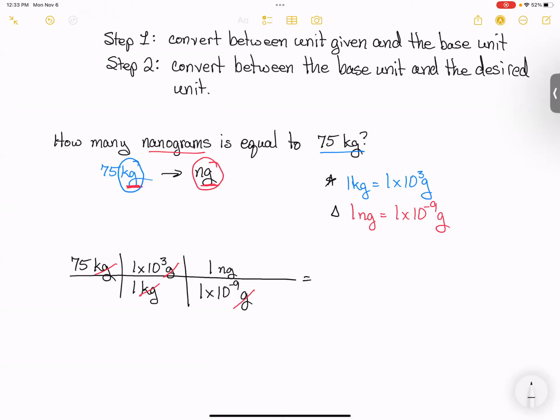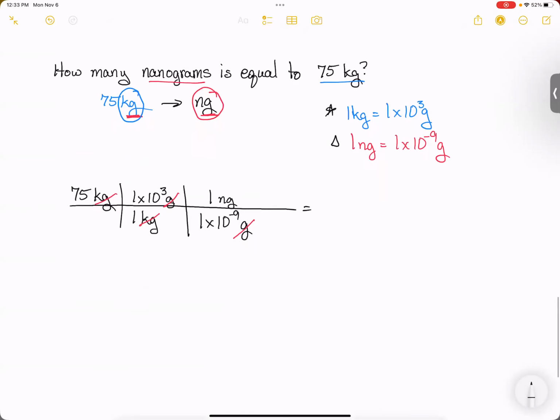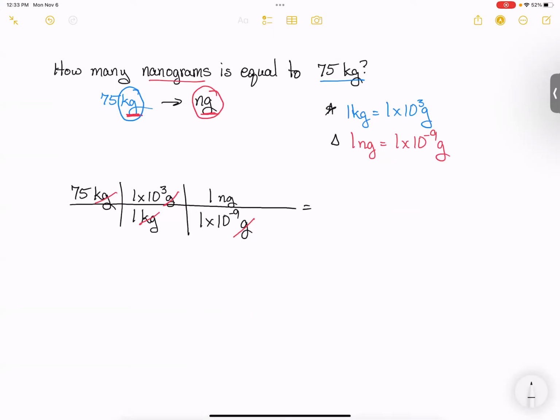And now we're ready to perform the math. And when you get your answer, it's going to come out as 7.5 times 10 to the 13 nanograms.